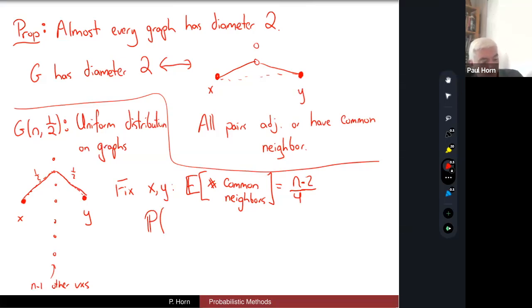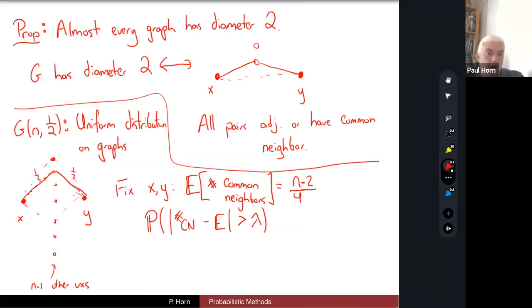What's the probability that the number of common neighbors differs from this expectation by more than lambda? Okay. Well, now I think about this. This is actually, for each of these, it's independent. Like the edges involved for each of these vertices down the line, these are all independent random variables.